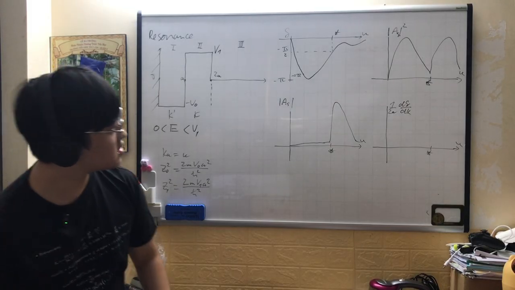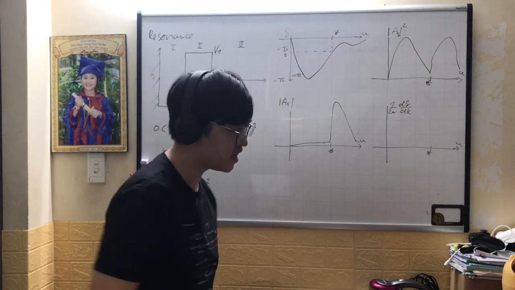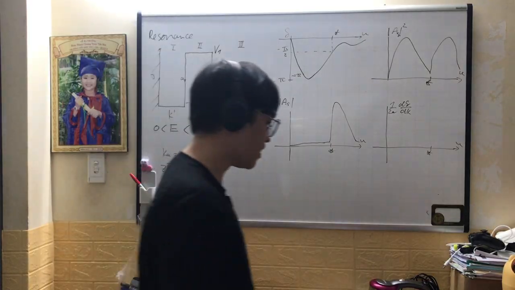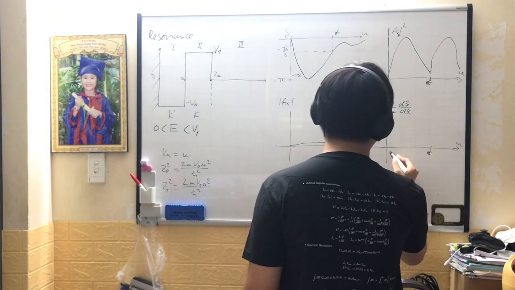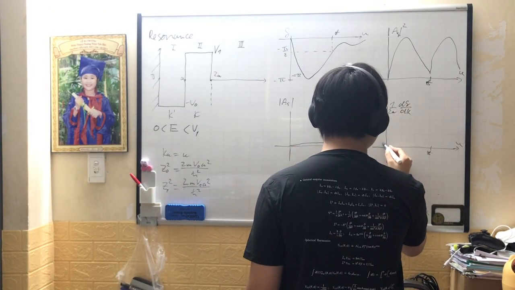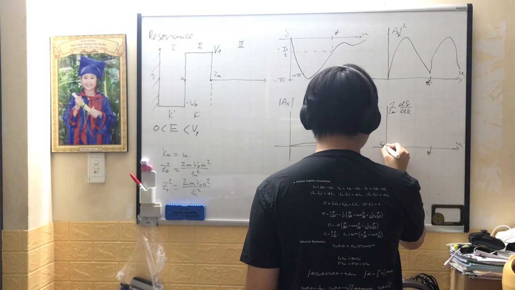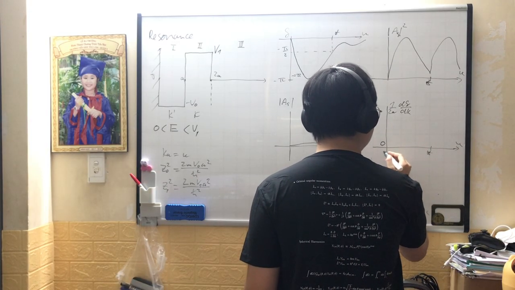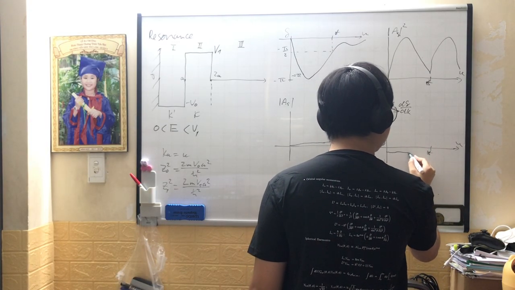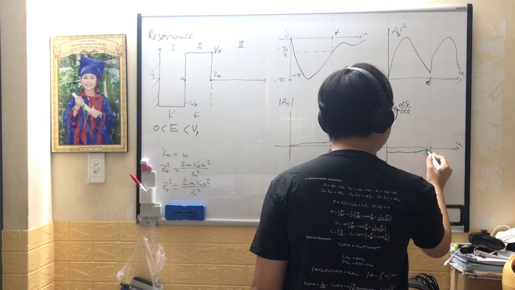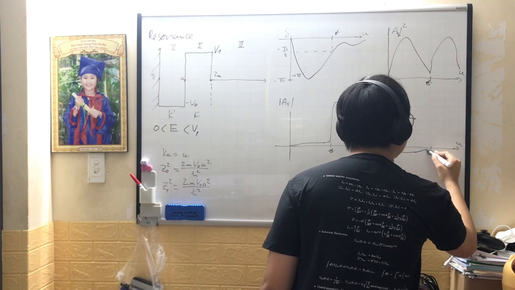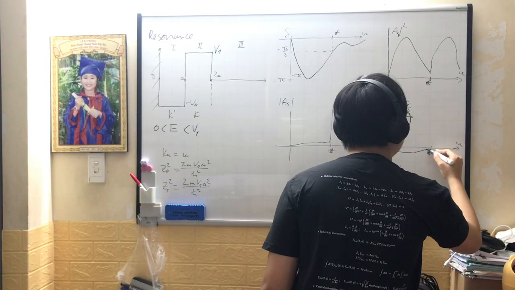Next is our time delay. Our time delay would actually start from below 0. It would go something like this, up till it hits near the point star, and then it's gonna jump.